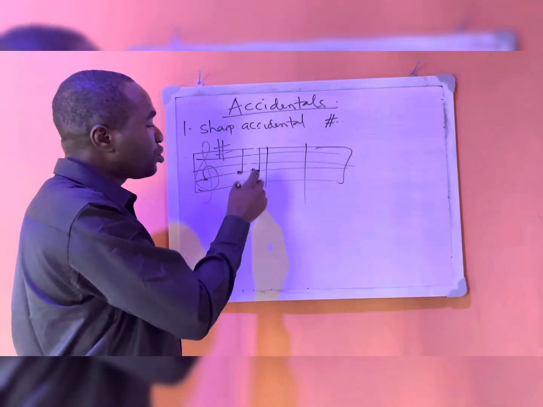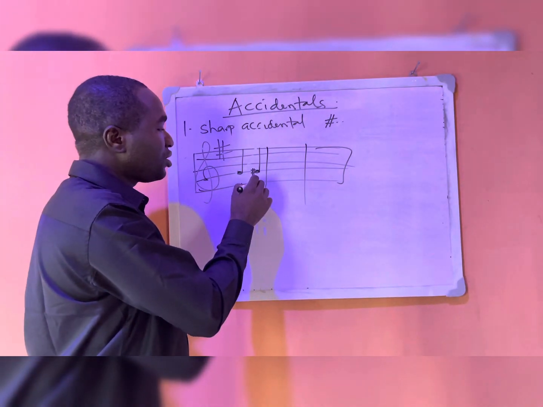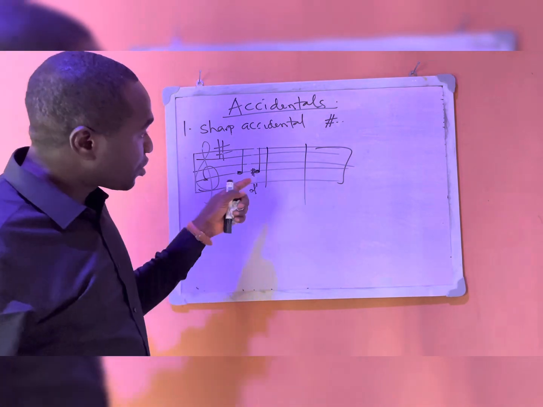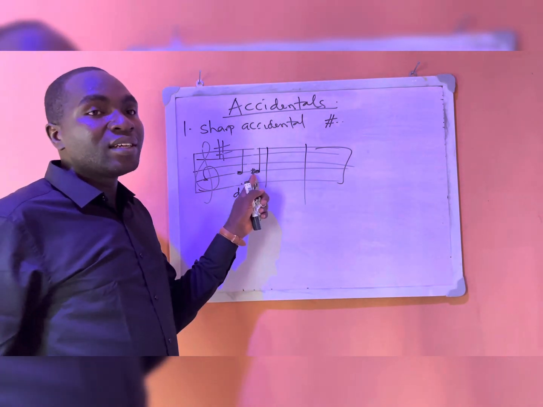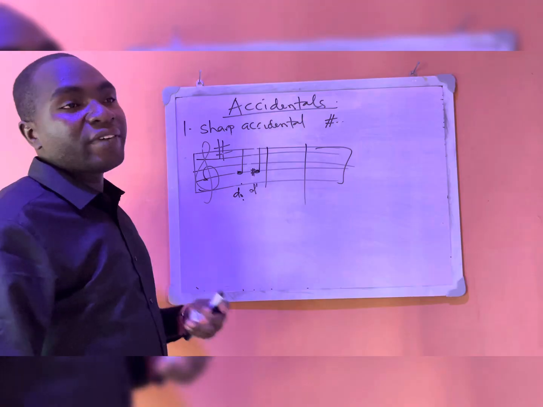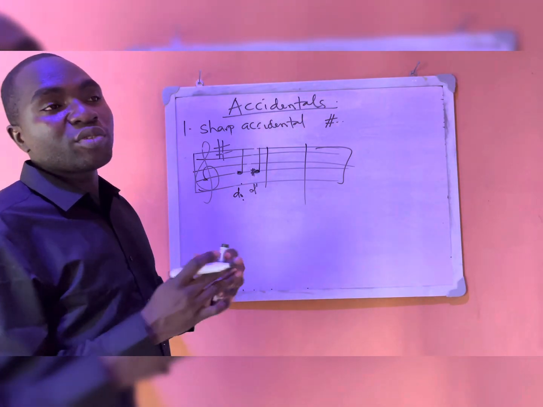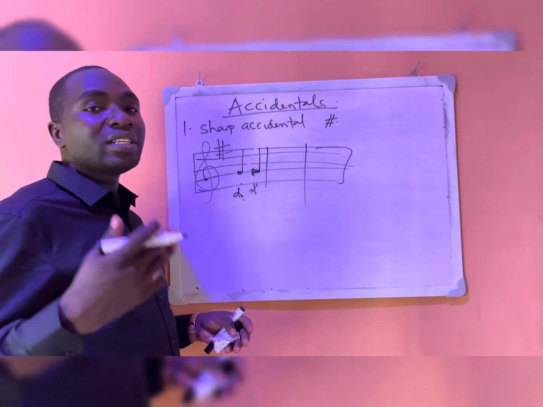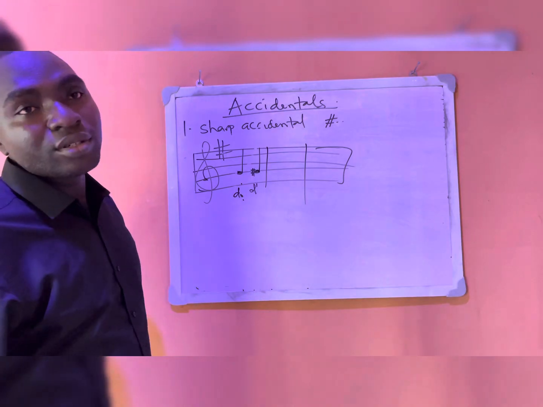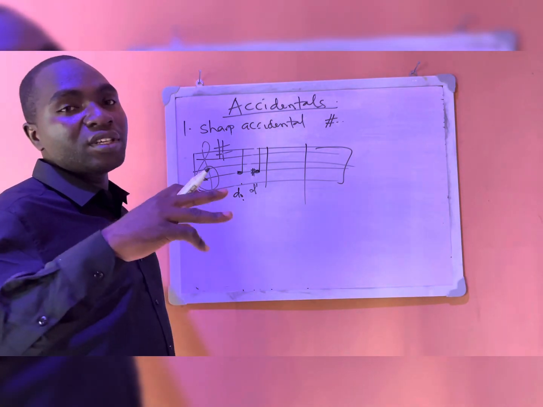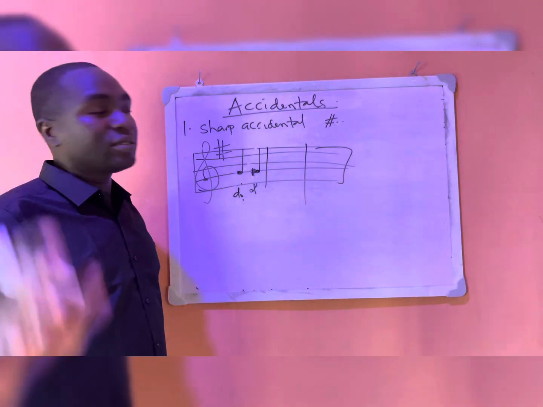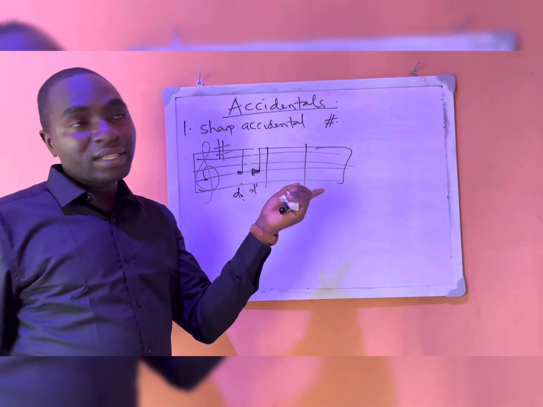So we don't call this one do because of the accidental, we call it di. So this is the effect of the accidental. Re becomes ri, fa becomes fi, so becomes si, la becomes li, do, di, re, ri, fa, fi, so, si, la, li. That's the effect of sharp accidental.